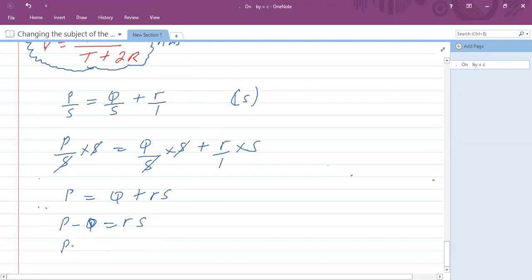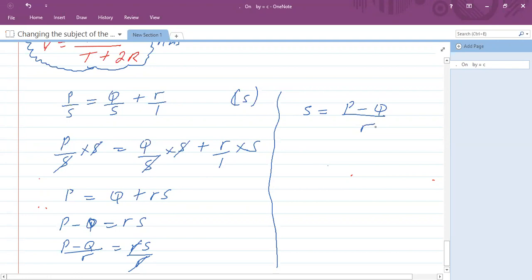So I say P minus Q over R is equal to RS over R. So the R cancels the R here, and we are left with S equals P minus Q over R. All right, and that will be my final answer for today.